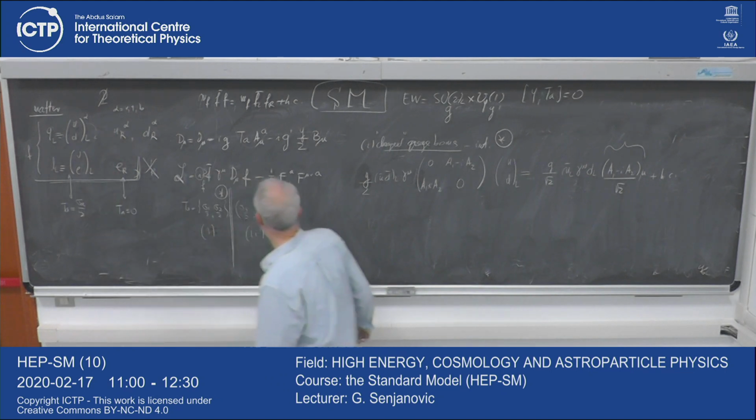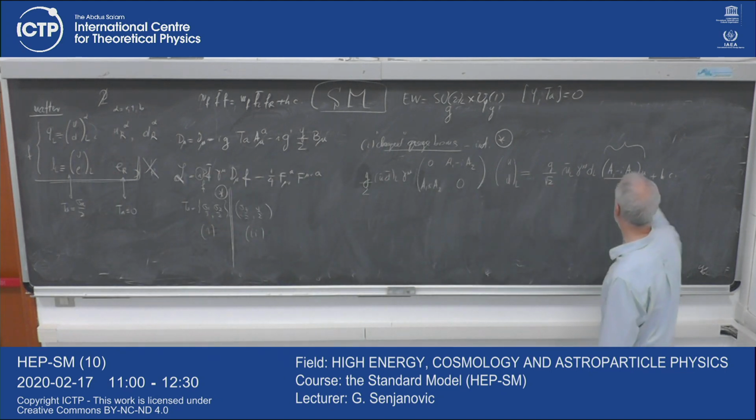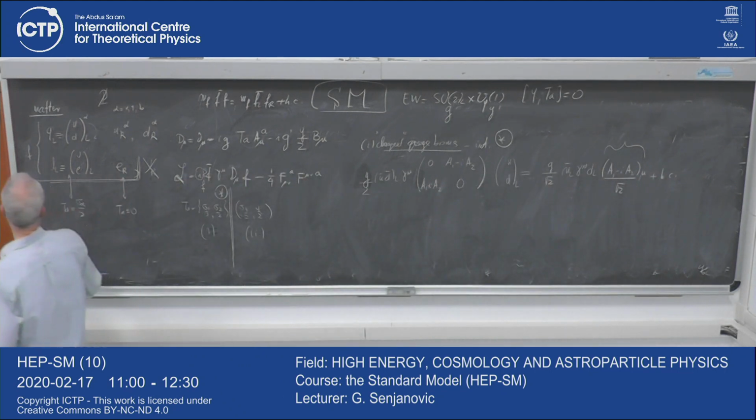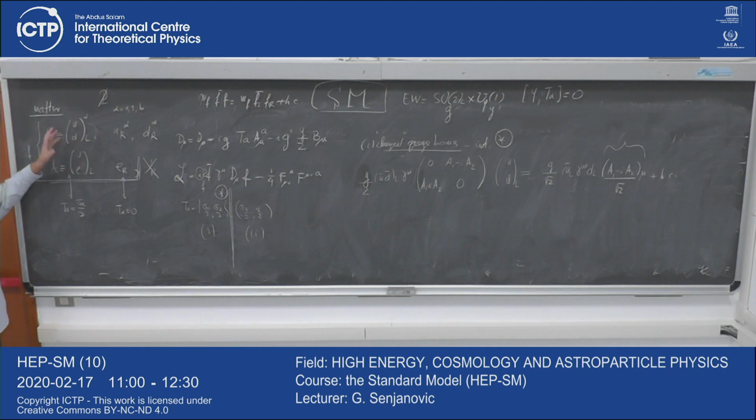This particular combination, sigma 1 minus i sigma 2, is the generator that does this weak transformation. It changes flavor, we say. This is called flavor: up, down, neutrino, electron. As opposed to color. Only quarks have color, flavor everybody has.